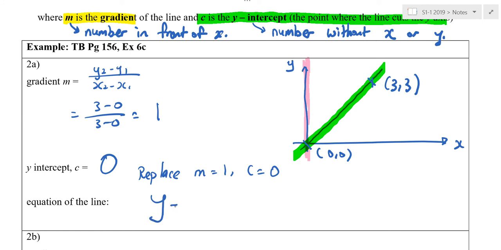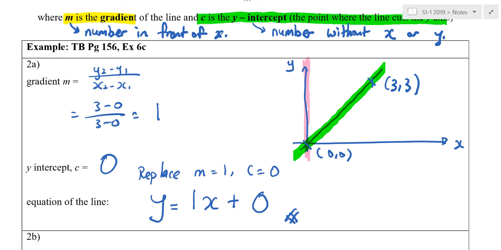Y equals to 1x plus 0. This is the answer. What is x? X is a variable. X is a number that will change, but m and c are always the same.